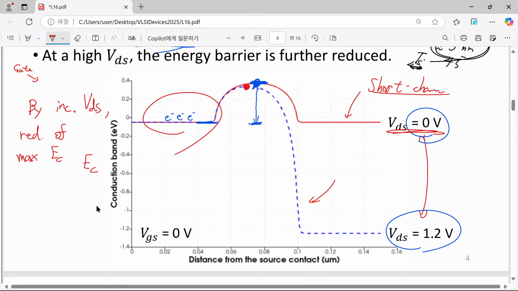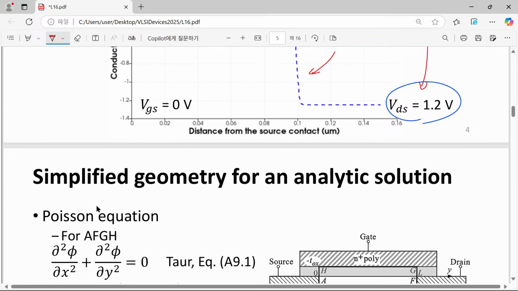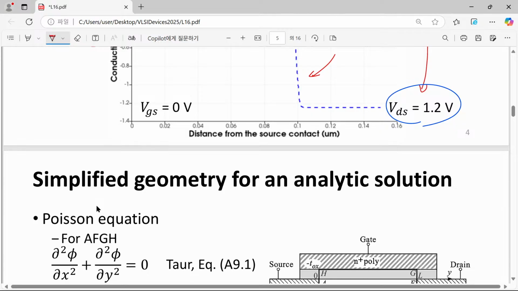Okay, so up to now, we just spent our time to qualitatively understand two different phenomena related with threshold voltage roll-off. One was a geometric factor.